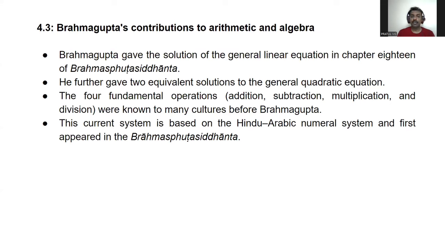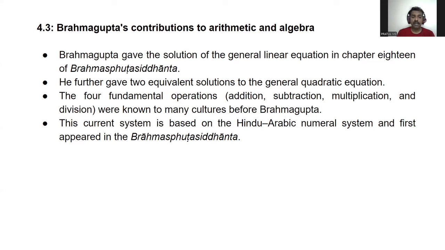Brahmagupta's contribution to arithmetic and algebra. Brahmagupta gave the solution of the general linear equation in chapter 18 of Brahma Sphuta Siddhanta. He further gave two equivalent solutions to the general quadratic equation.